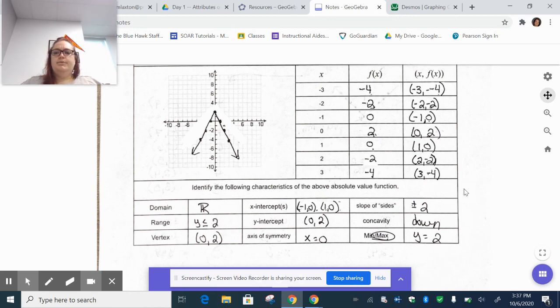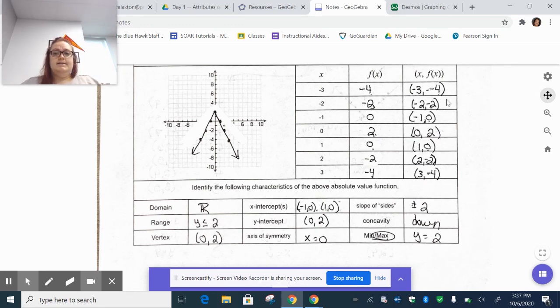And so when you counted that slope, up 2 over 1, up 2 over 1, down 2 over 1, down 2 over 1, you got a positive and a negative 2. One side was positive 2, one side is negative 2. So that makes sense, right? Because if the slope is larger, then that means that your line is steeper. And so the same thing holds true here.